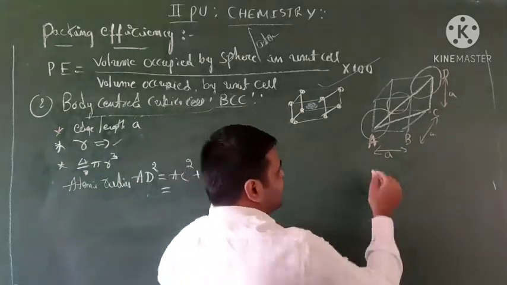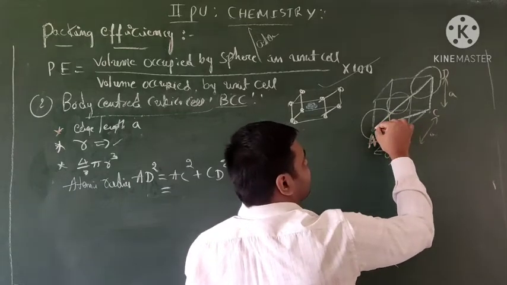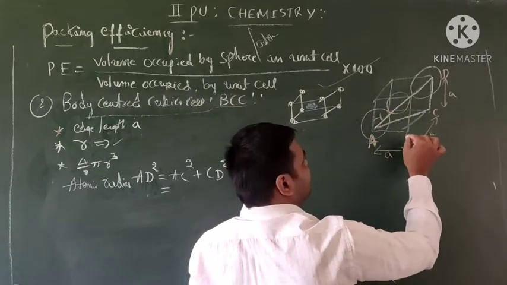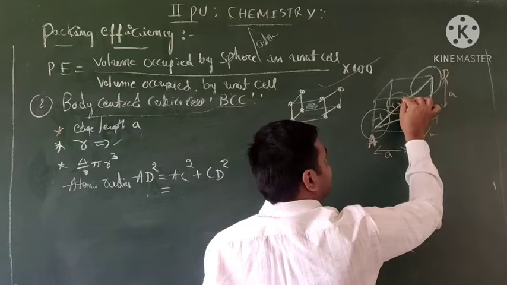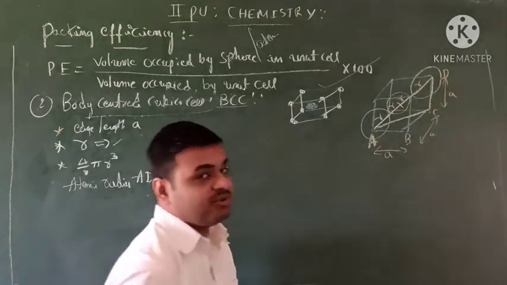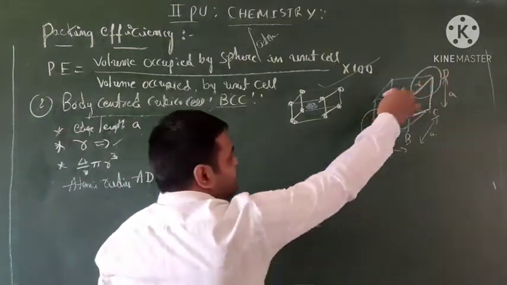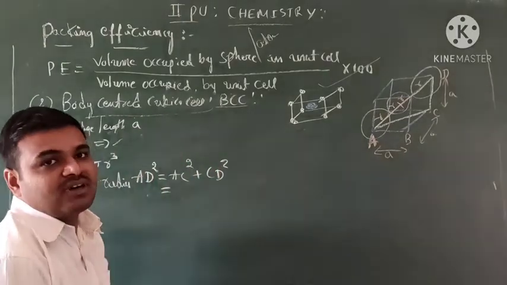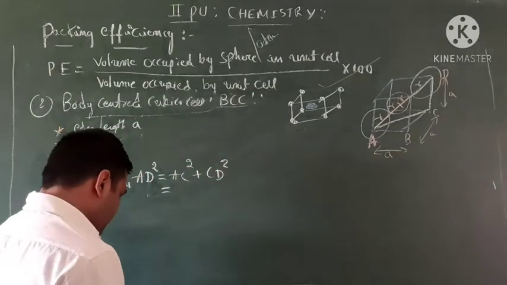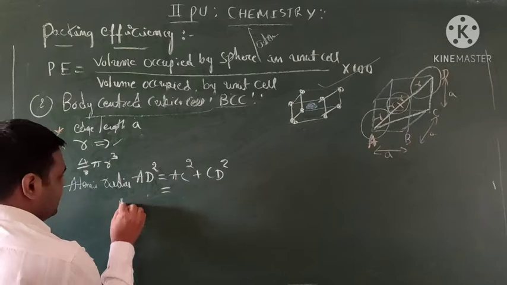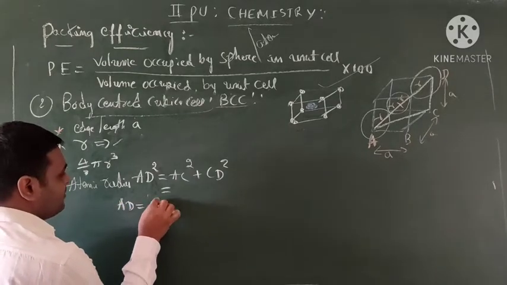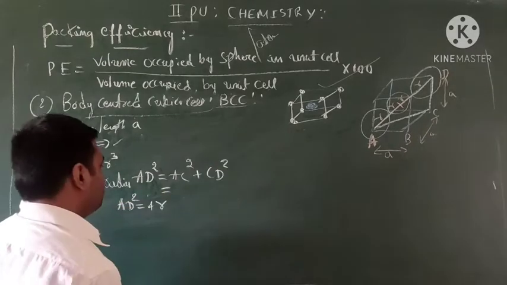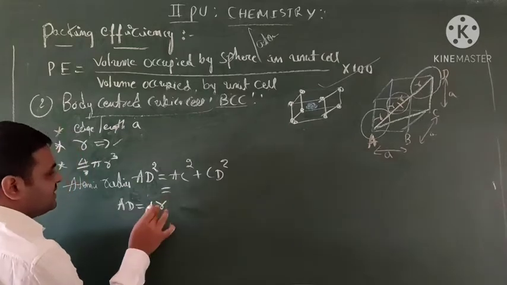The radius is half of the sphere. This is one radius, this is radius, this is radius. How many radii are present in AD? It is 4r. So AD is equal to 4r, and AD square is equal to 16r square.